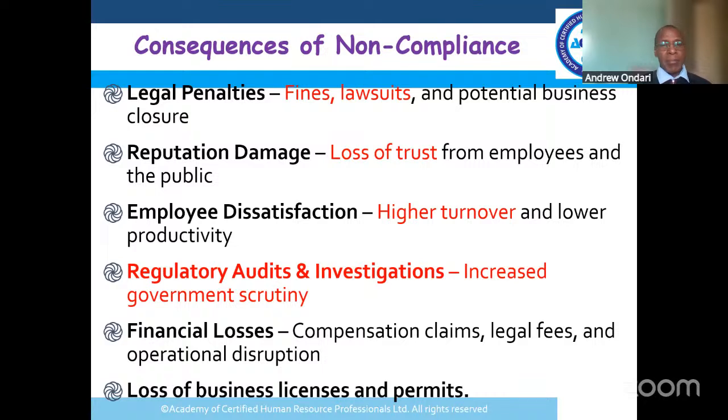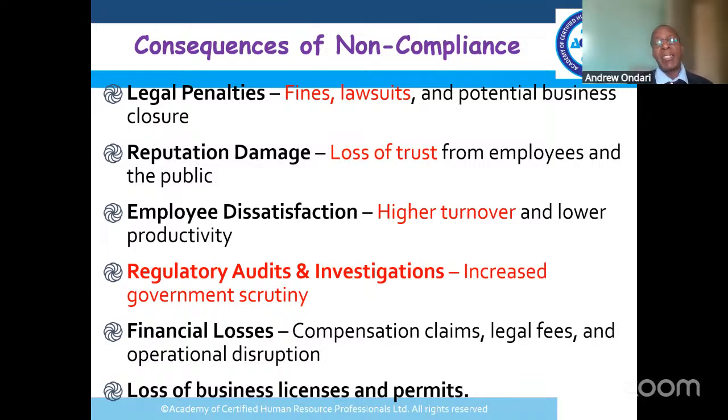So KRA developed suspicion on why this employee is declaring nil returns and yet there are properties in his name. So they went to audit his accounts and investigated, only to find that he has property and he has been declaring nil returns. And what has happened?